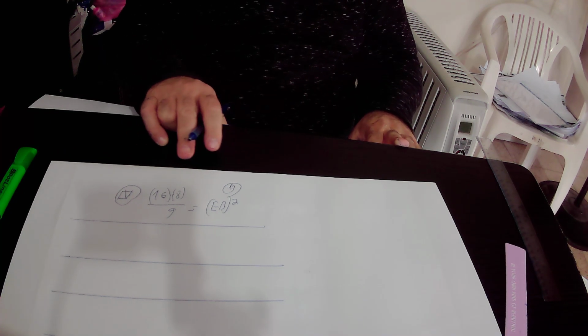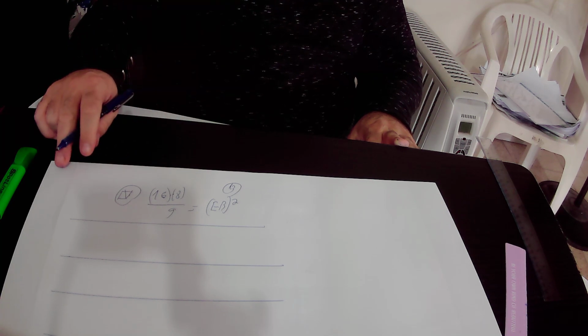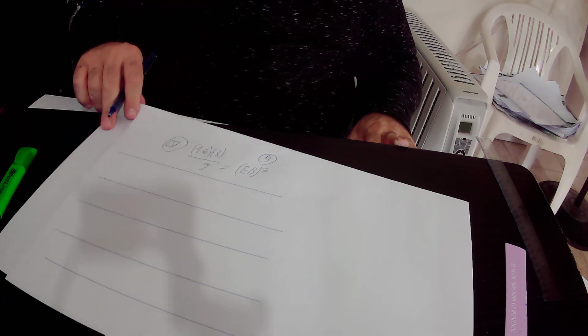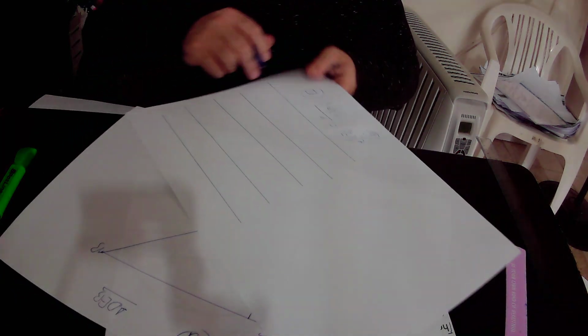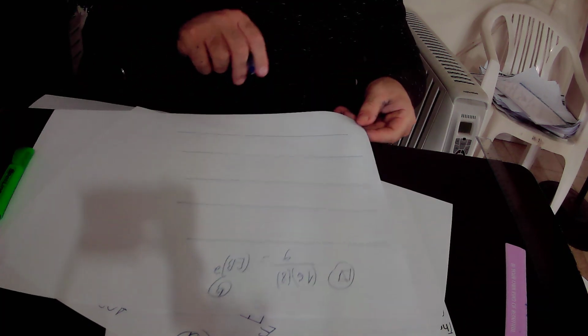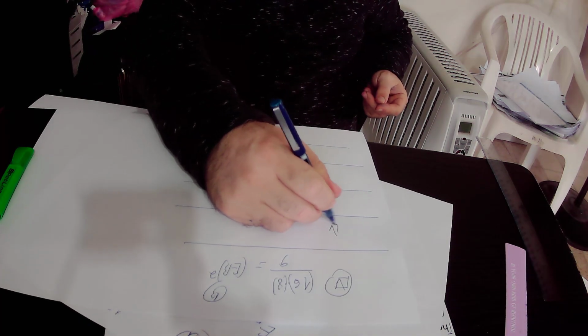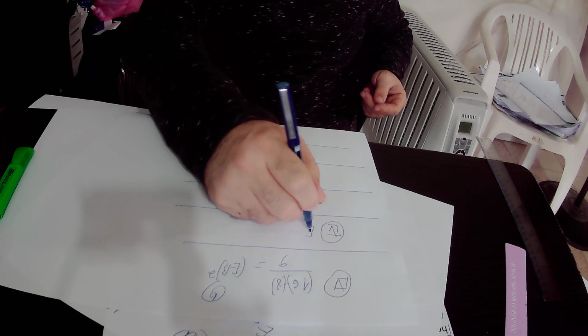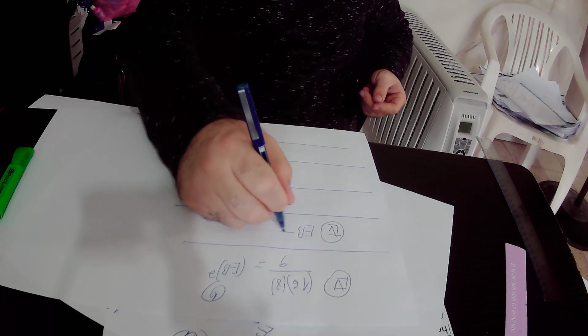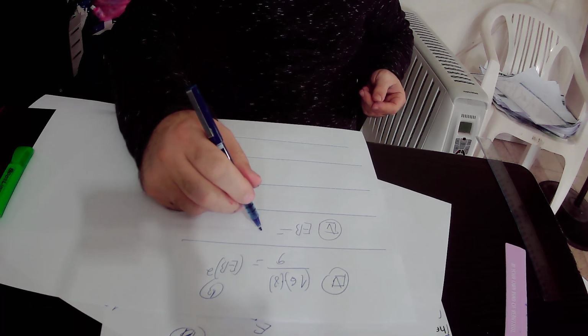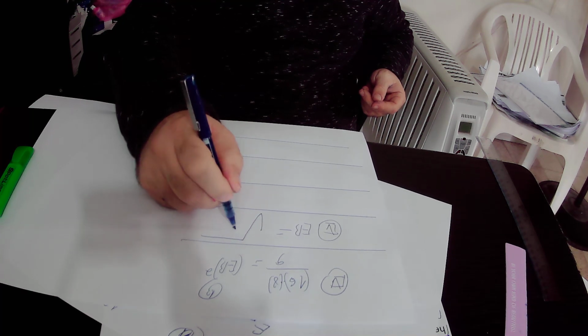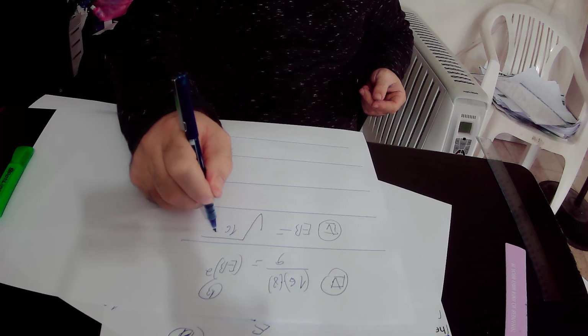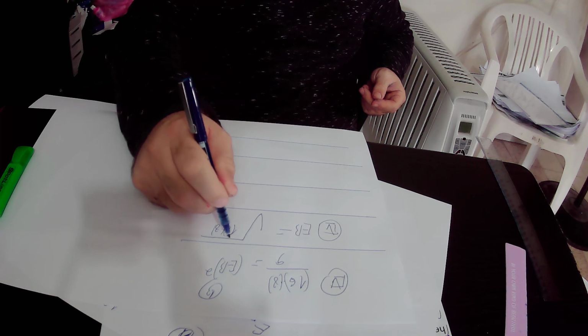Here we will take a root out of equation number 4 and we will get that EB equals the square root of 16 times 8 over 9.